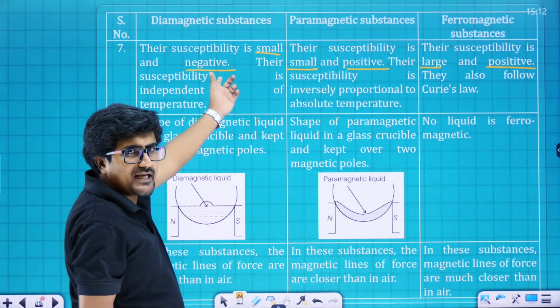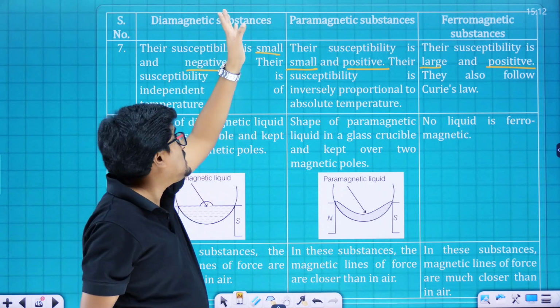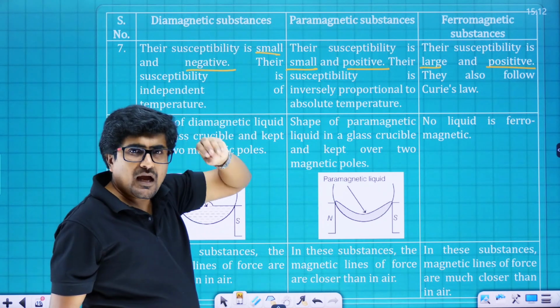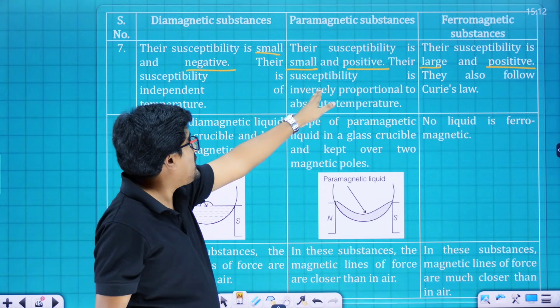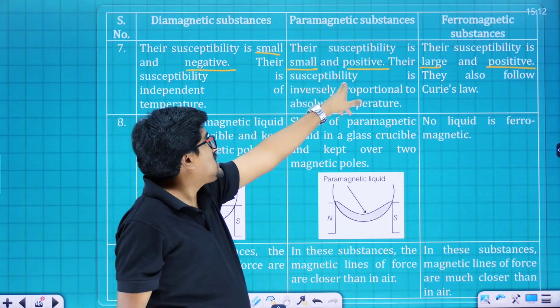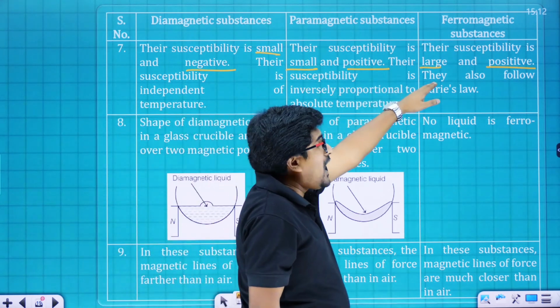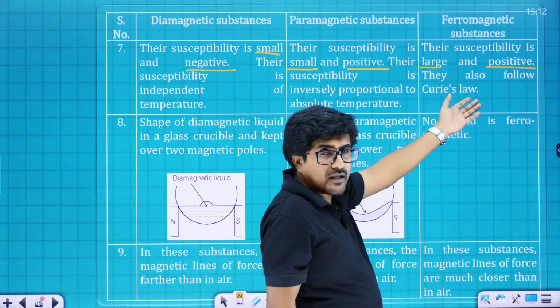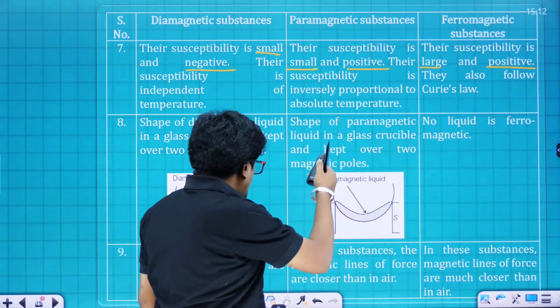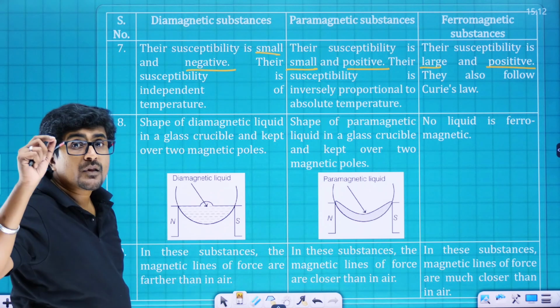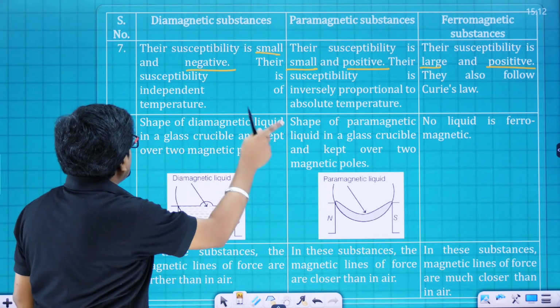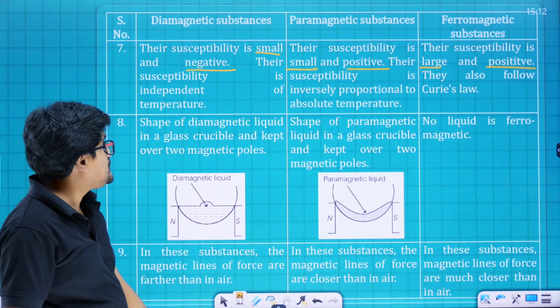Magnetic susceptibility is negative, opposite. There it was opposite, here it is negative and a small value. Feebly magnetized means a small value. Here also feebly magnetized means small, positive, same direction. Large value, strongly magnetized, same direction, positive. This is how we consider the difference about magnetic susceptibility for dia, para and ferro.